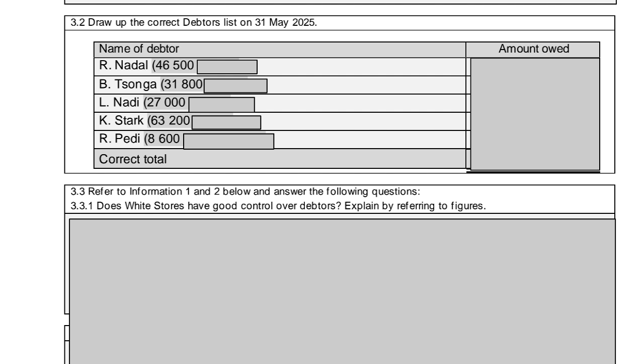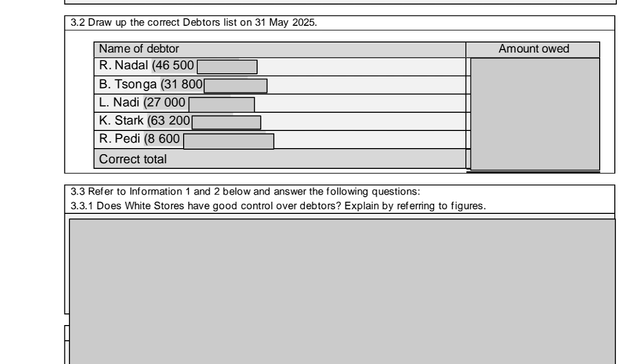If we go to adjustment 4C, goods returned by R. Nadel, 1,400 Rand, were posted to the wrong side of his account. So normally if a debtor returns goods, it's going to go on the credit side of his account. But obviously it is now on the wrong side, so it was entered on the debit side.